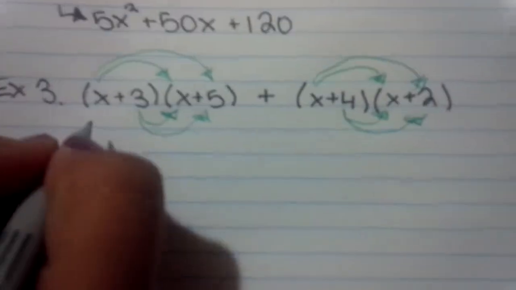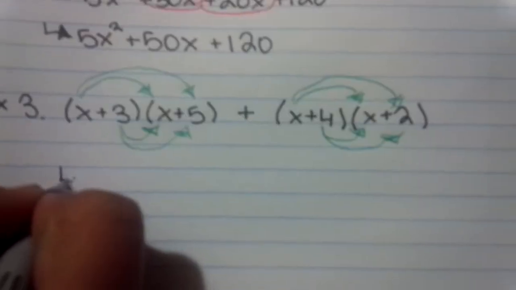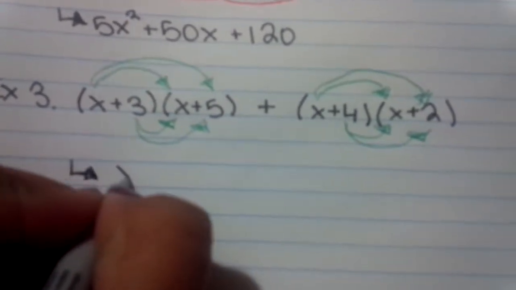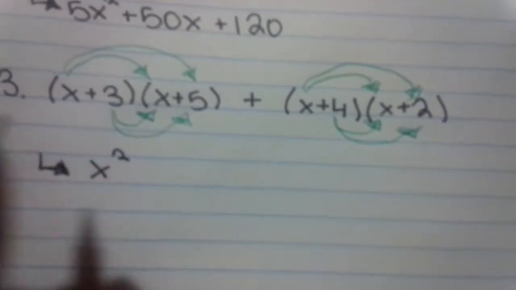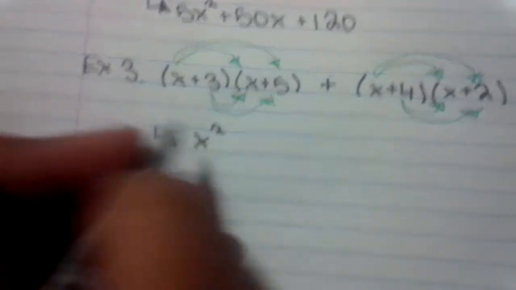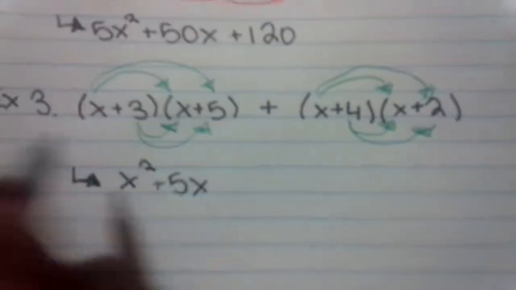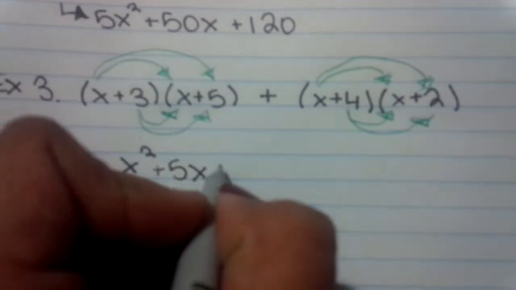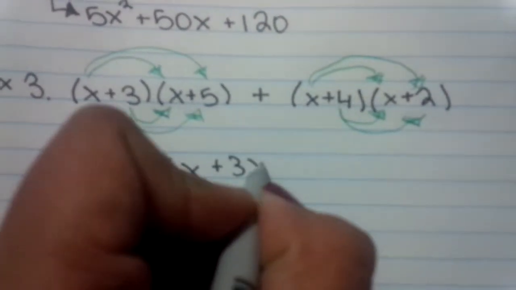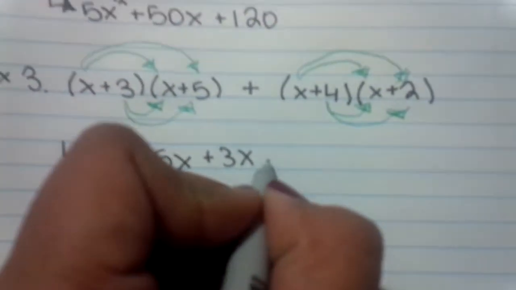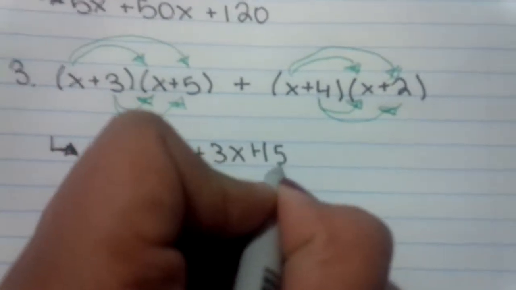Okay, so let's do this. X times x gives us x squared. X times 5 gives us 5x, so plus 5x. 3 times x gives us 3x, so plus 3x. And 5 times 3 gives us 15, so plus 15.